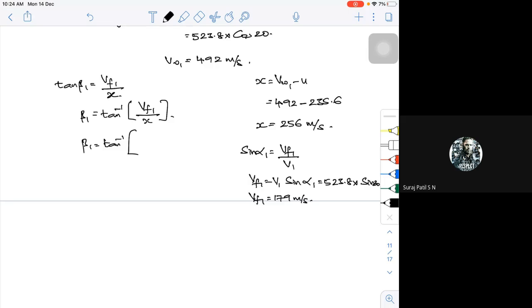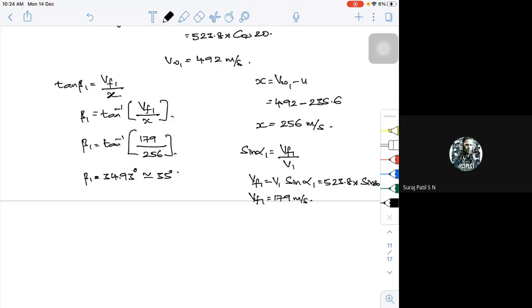Let me substitute that: 179 divided by 256. If I take the tan inverse of that ratio, I am getting around 34.93 degrees, or roughly 35 degrees if you want to round it off. Now, this is your beta 1.